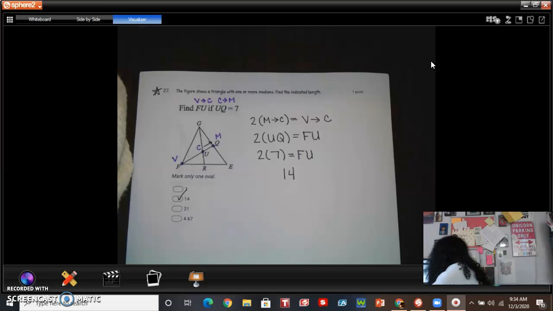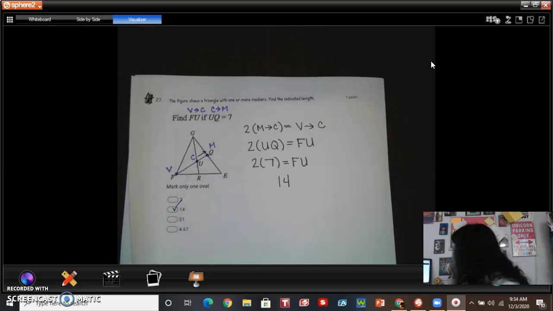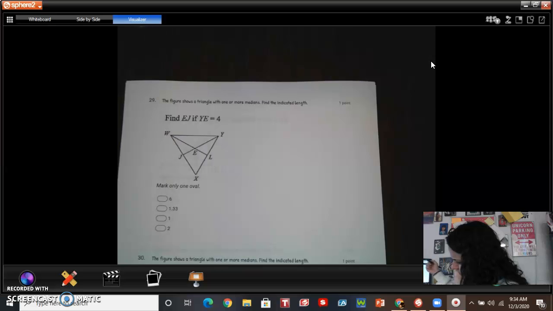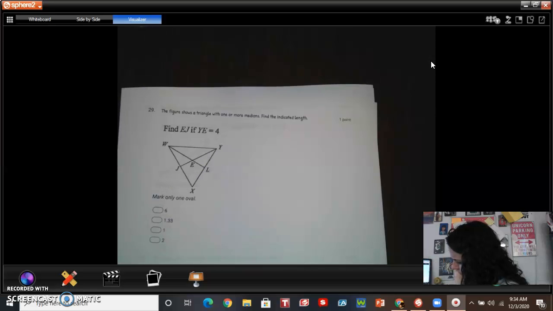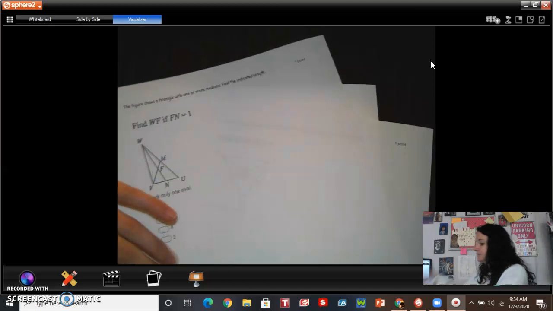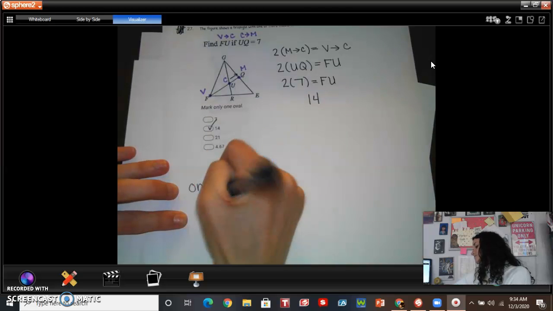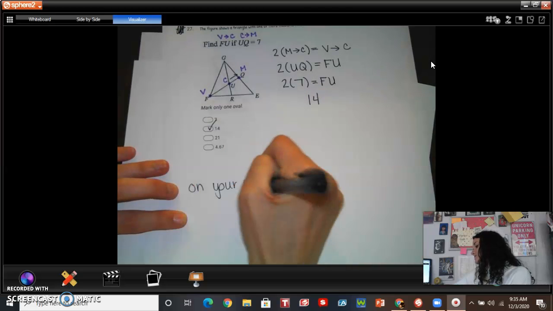Okay. I'm going to go ahead and give you the formula that you're going to use on your exam because they're both the same. So on your exam, they're the same. XK, JF. So the whole segment is equal to 3 times centroid to midpoint.